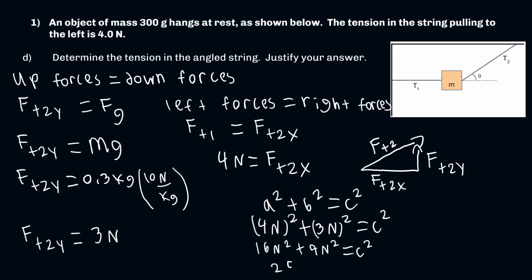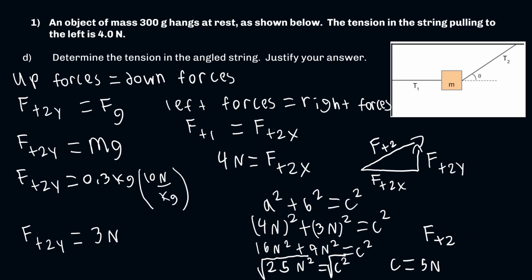So we have 25. Let me fix that 25. So we should have here 25 newtons squared equals c squared. Obviously take the square root of both sides, and c is going to be 5 newtons, which means that ft2 is equal to 5 newtons.